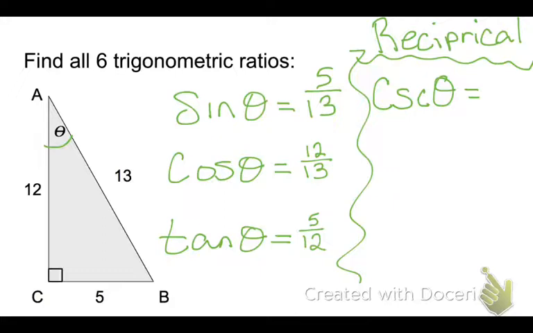So the reciprocal of sine would be the hypotenuse, which is 13, over opposite, which is 5. For cosine theta, its reciprocal is called secant, S-E-C. So secant theta, the reciprocal of cosine would be hypotenuse over adjacent.